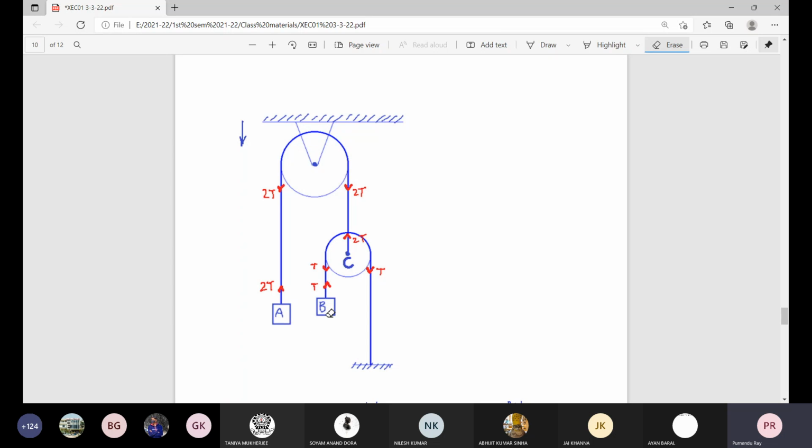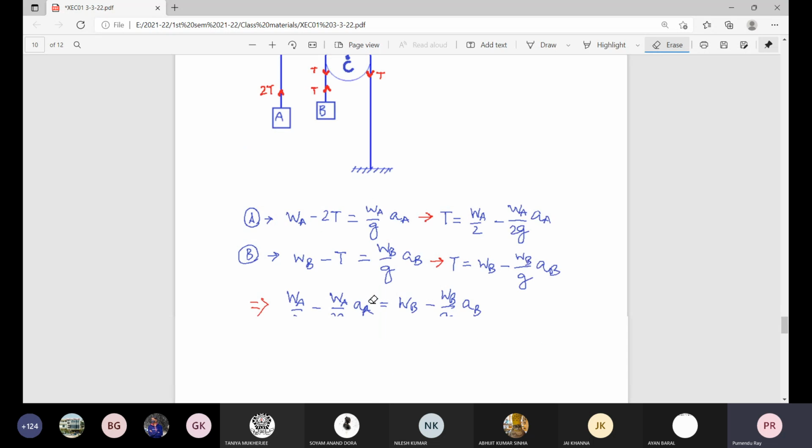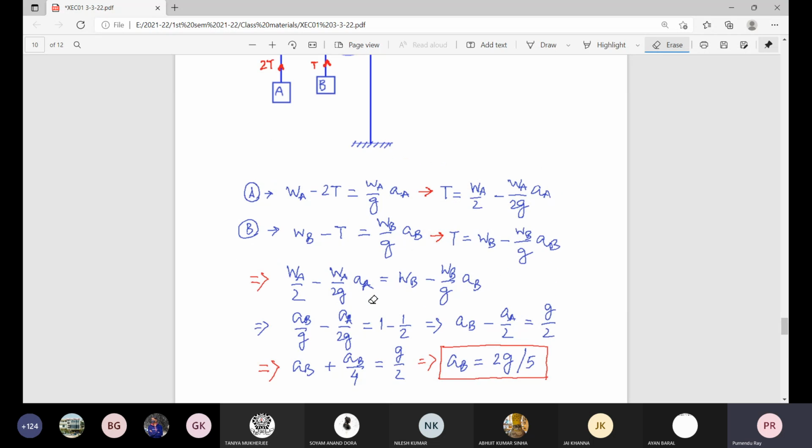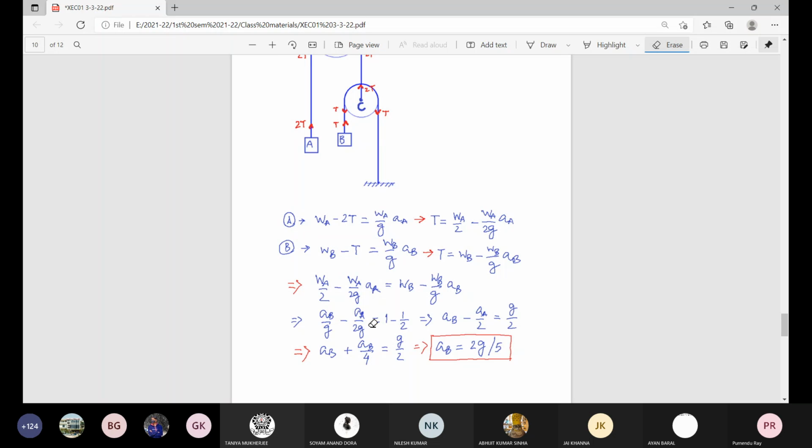So from that we can find the individual equations of motion for block A and block B, not like the previous problem, where there is some block C, not in that way. So what about the relation for block A? Weight of A acting downward minus twice T, the tension upward. We assume net unbalanced force is acting downward.